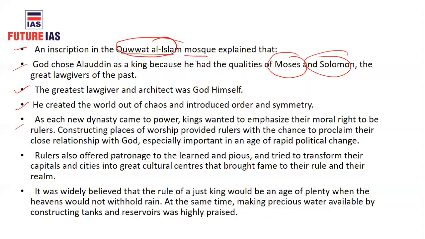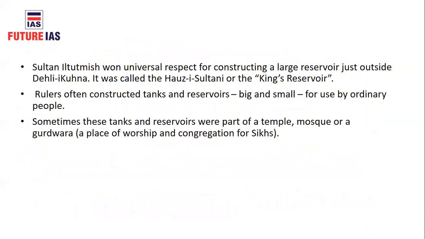And once these cultural centers started forming, it gave great fame to the rulers first of all, because the capital converted into a cultural center, it gave greater fame to the ruler also, isn't it? So that is also one of the important aspects of promoting the places of worship, isn't it?